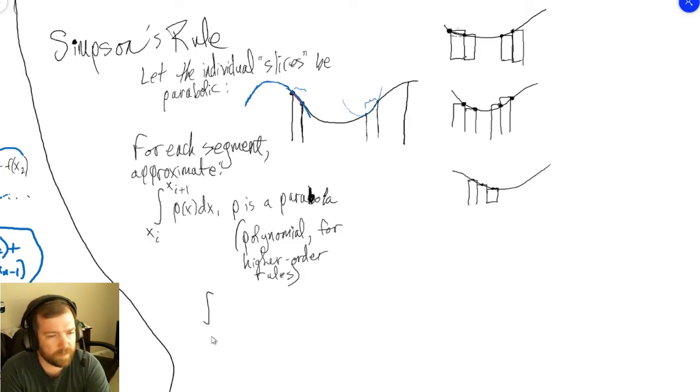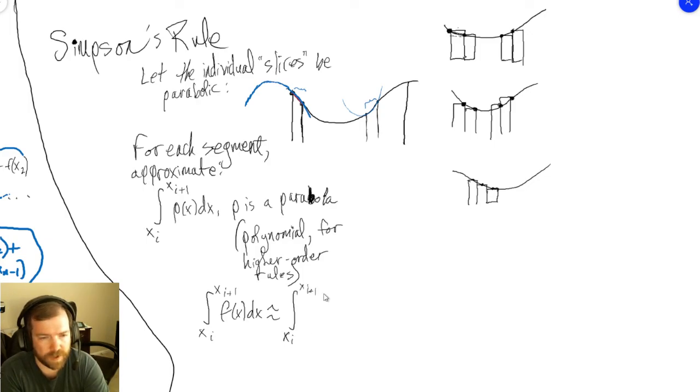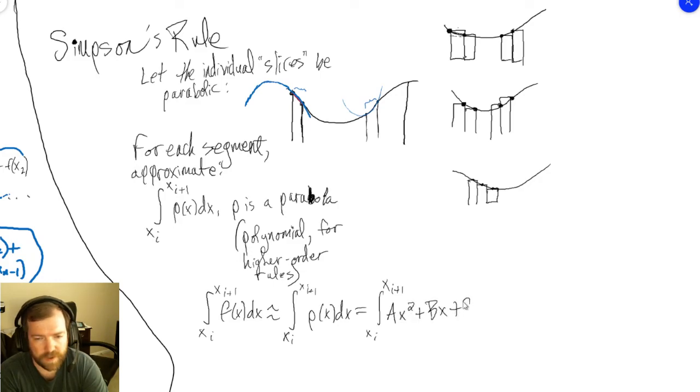So then, for each of these segments, x sub i to x sub i plus 1, our integral of f of x dx is going to be approximated by the integral from x sub i to x sub i plus 1 of p of x dx, which is going to be equal to the integral from x sub i to x sub i plus 1 of ax squared plus bx plus c, which is super easy to do, right?